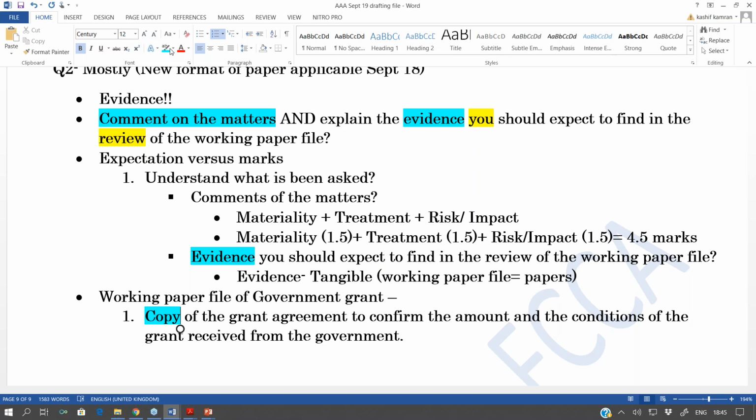Is that clear to everyone? How we wrote the additional information yesterday and how we are writing the working paper file today? So it's the copy of the grant agreement. Why copy? Because we cannot put original things in the working paper file because the grant agreement belongs to the management.